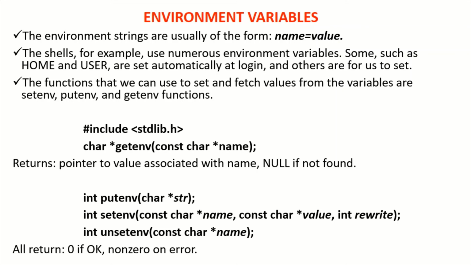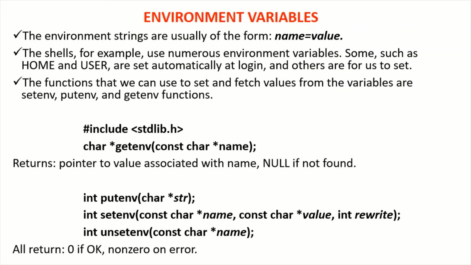The shell, for example, uses numerous environment variables. Some, such as HOME and USER, are set automatically at login, and others are for us to set. We normally set environment variables in a shell startup file to control the shell's behavior.